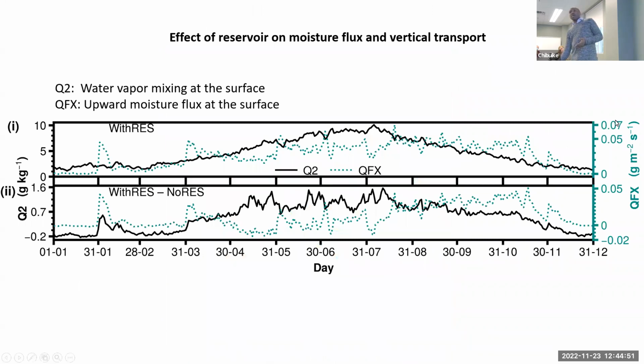When I also looked at some other variables, along the transect along the lake, you find that even though the lake provides enough vapor and moisture, it needs to be pushed.